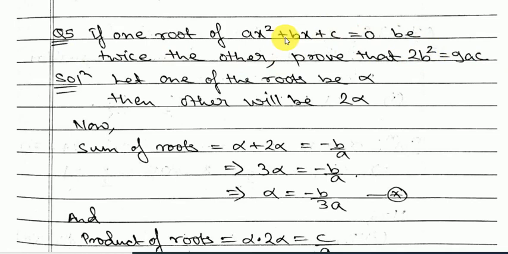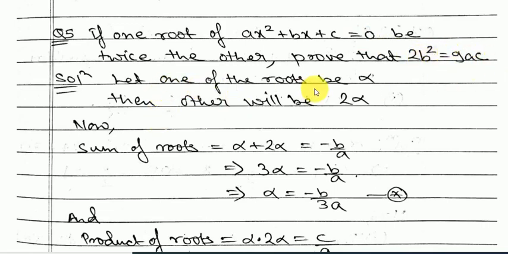Here they are saying that this is a quadratic equation, and one root is twice the other. Suppose one root is 2, then the other root is 4. If one root is alpha, then the other root will be 2 alpha. So you have to show that 2b squared is equal to 9ac.